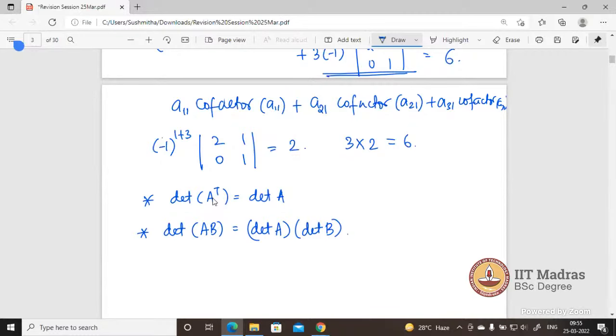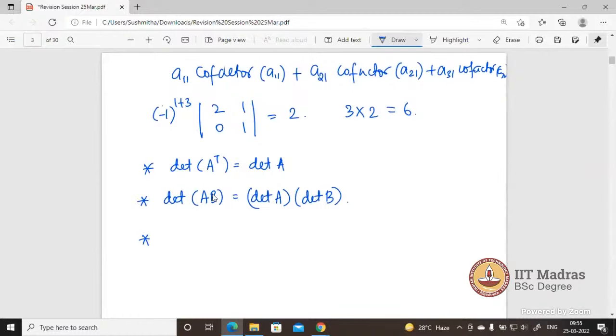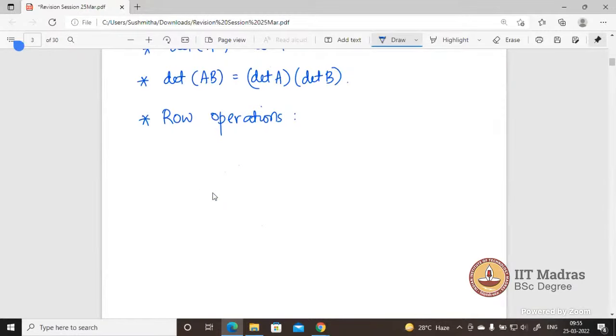And what happens when we do row operations on the matrix? How is my determinant going to be affected? If I interchange two rows, what happens to the determinant? It becomes the negative of the determinant. So interchanging rows, the sign of the determinant changes.